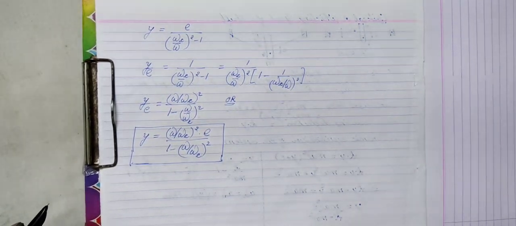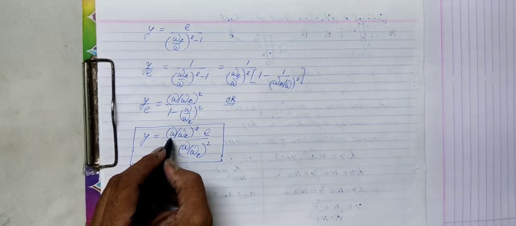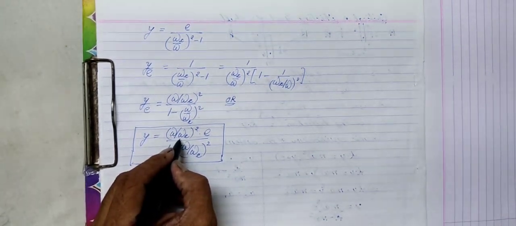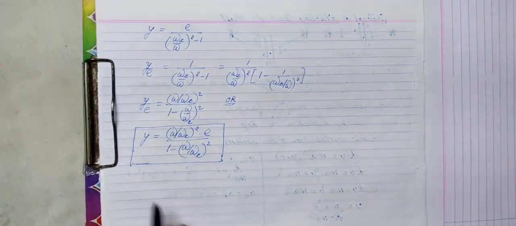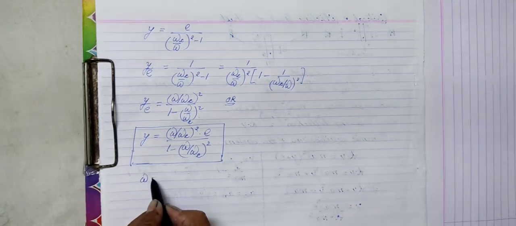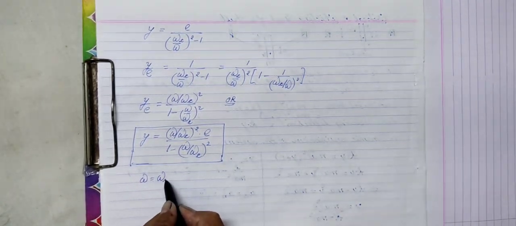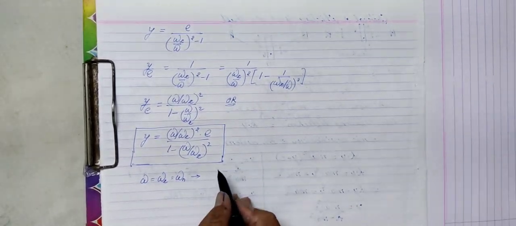Now you will see that omega is the speed of the shaft and omega c is the natural frequency. If this omega is equal to omega c, which is the natural frequency, what will happen?